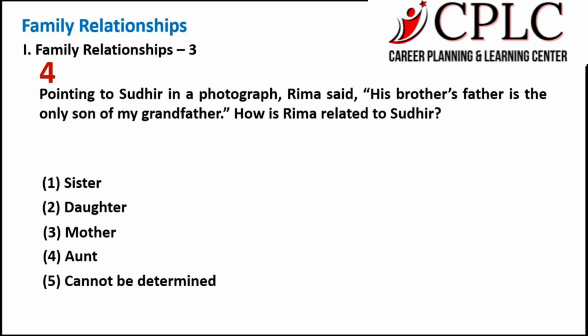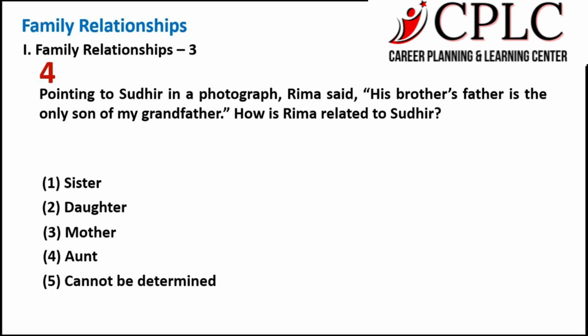How is Rima related to Sudhir? Now again, we should always perform this check. We have to figure out Rima's relation with Sudhir, and if you read the question very carefully, nowhere have they given Rima's gender. So by default, the answer has to be cannot be determined one more time.